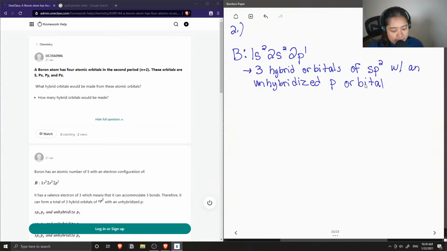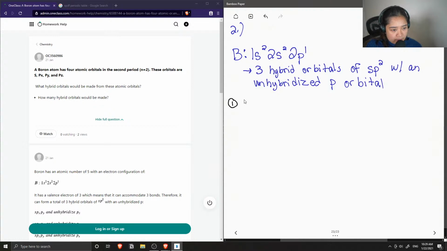So we basically need to go through all the different options of combinations of sp2 orbitals and an unhybridized p orbital.